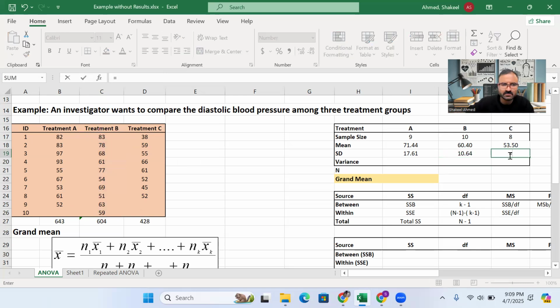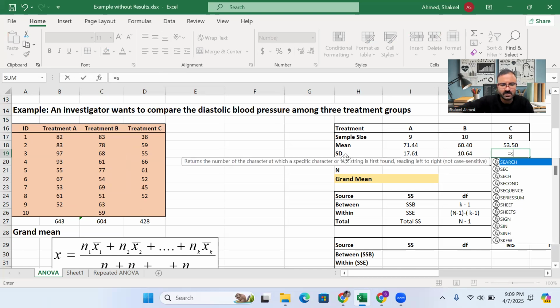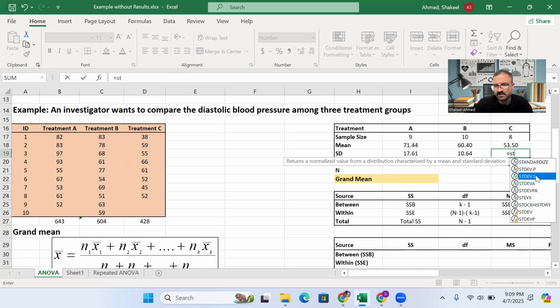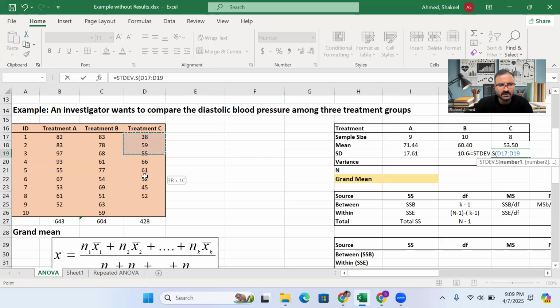And for the last one, you can again write the standard deviation S and select the data.